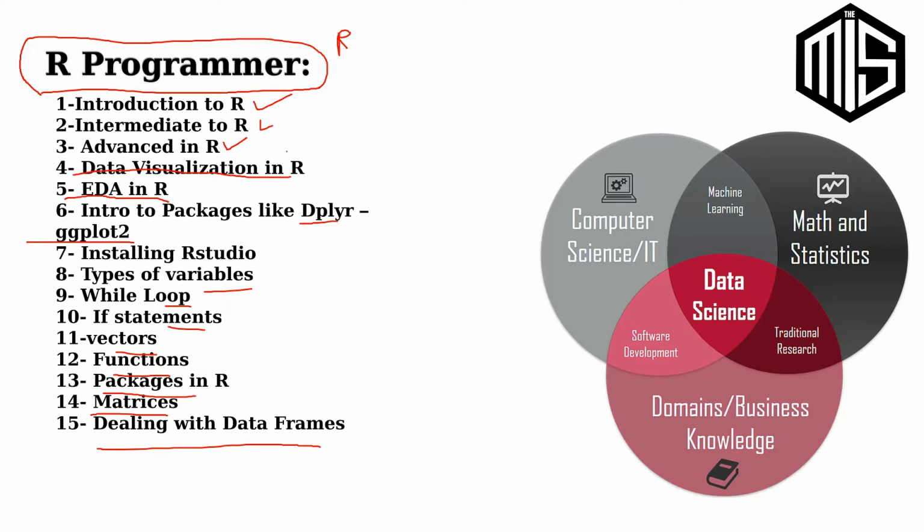And then it should also include some marketing analytics in R, or finance data in R, geospatial data in R. Geospatial is data which is kind of like maps.